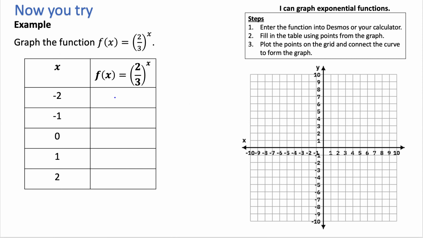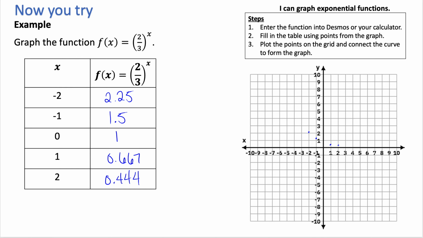So we have -2, 2.25, -1, 1.5, 0, 1, and then 0.667, and then 0.444. Now I'm going to plot my points. I have -2, 2.25, -1, 1.5, 1, and then 0.667, so a little bit more than a half, and then 2, and then 0.444, so a little bit less than a half.